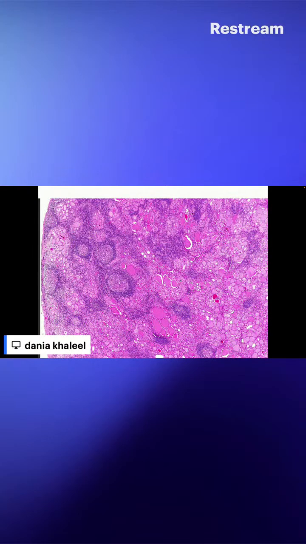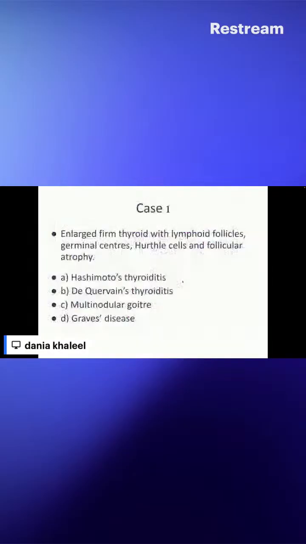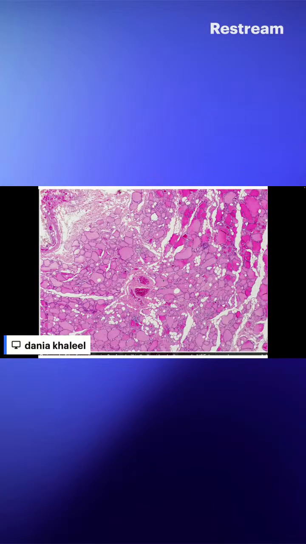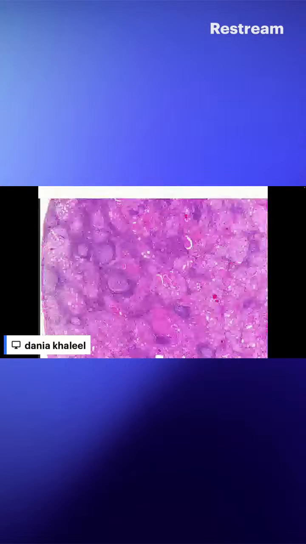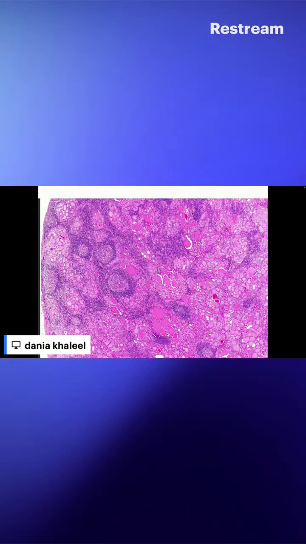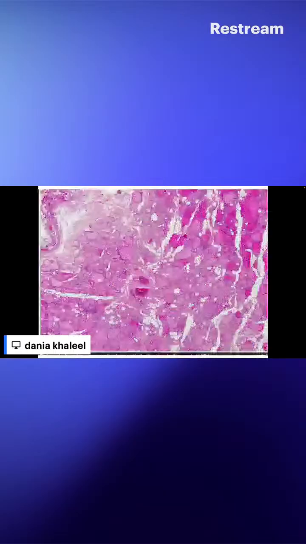The cells here look a bit pale, not like these cells, which look more blue. So they look more eosinophilic, like pinkish. Yes, exactly. There are lots of inflammatory cells here.